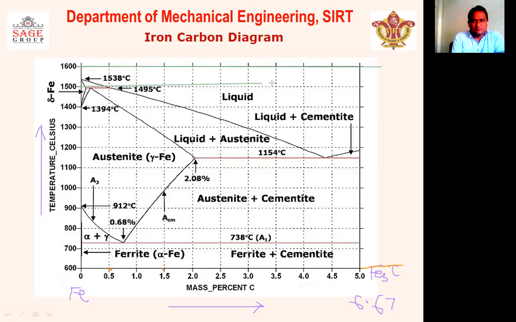Then from 1500, then from 1400, 1300. These lines you can represent by the dashed line, or also you can draw these lines as a continuous line, but these lines should be very thin lines, because these are the construction lines, not the final lines are curved for this phase diagram.